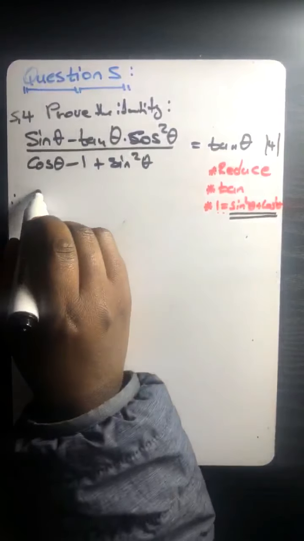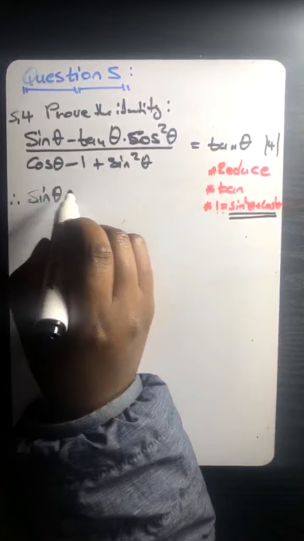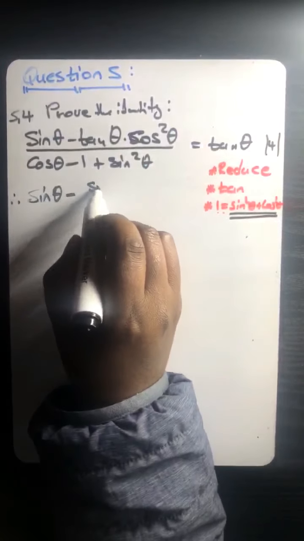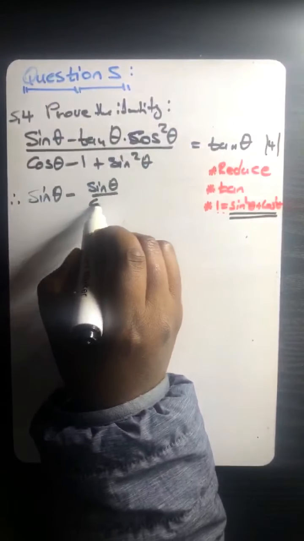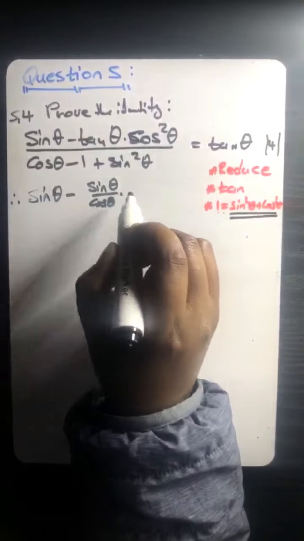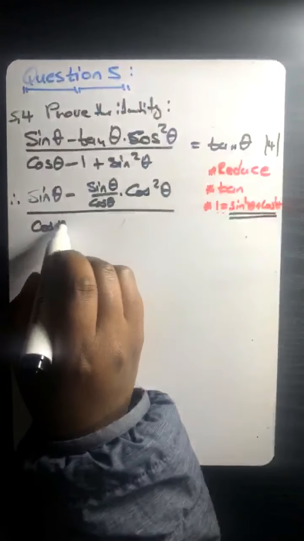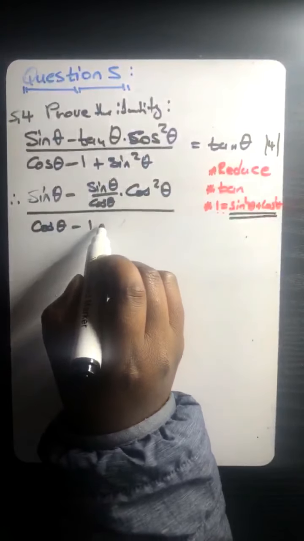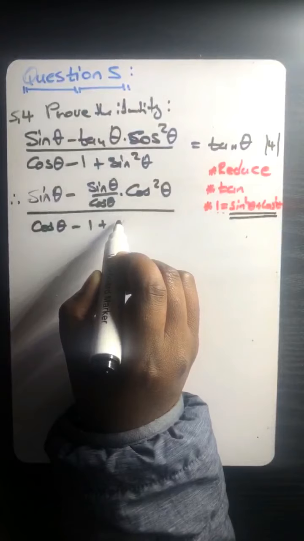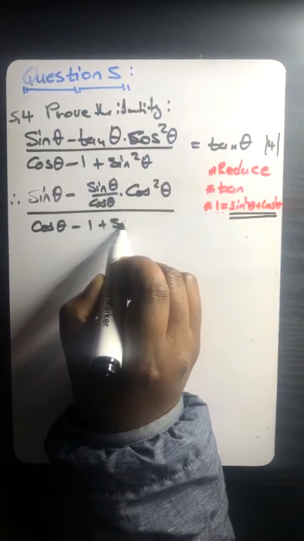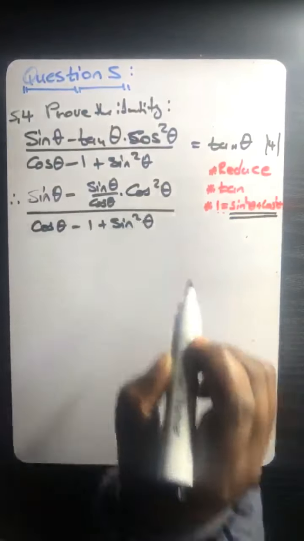So obviously we've got sine angle, and then here we've got sine angle over cos angle multiplied by cos squared angle, the whole of this divided by cos angle minus 1, plus sine squared angle.